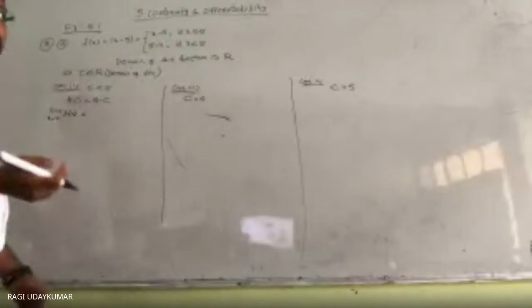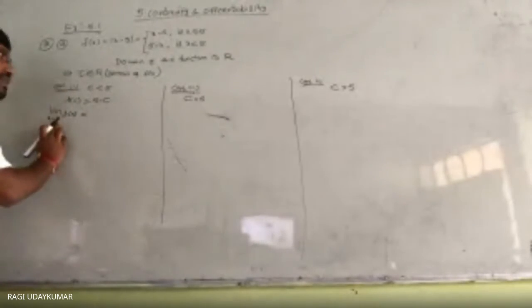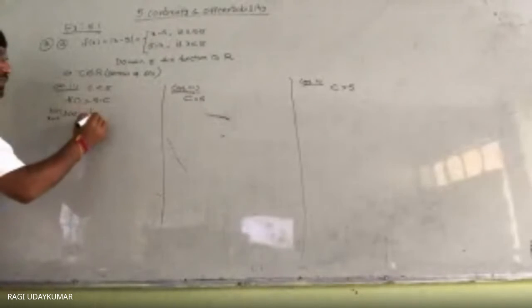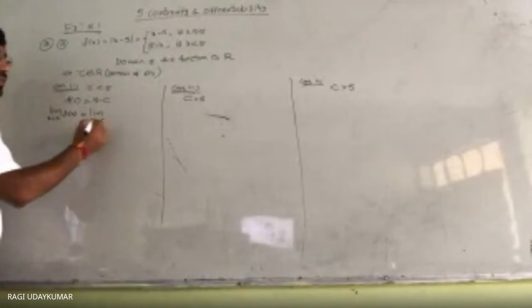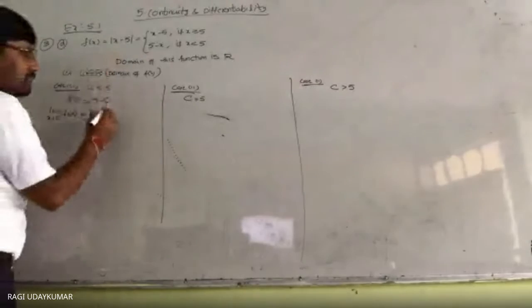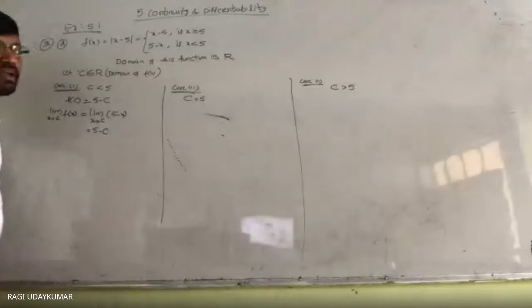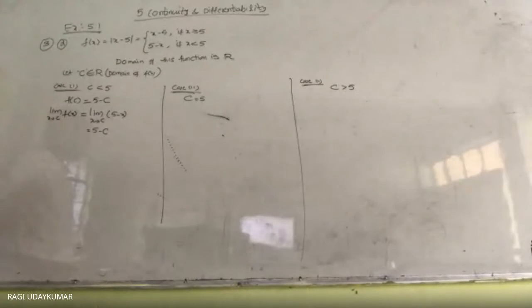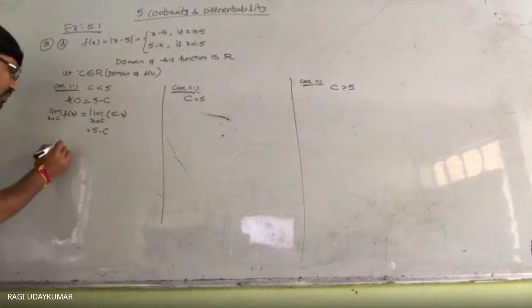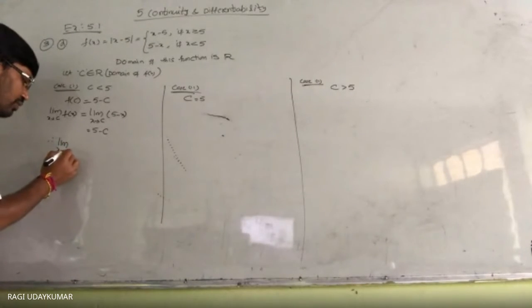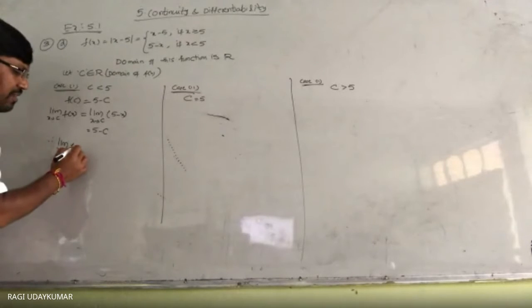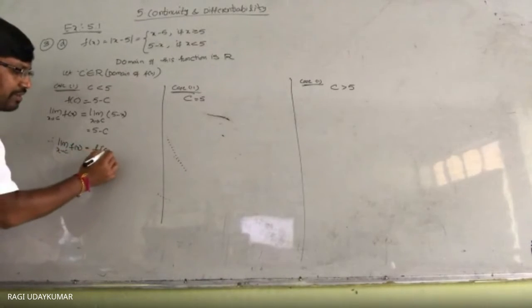Limit x tends to c of f of x, where c value is less than 5. Less than 5 means the function should be taken as 5 minus x. So when you take it as 5 minus x, automatically we will get 5 minus c. Did you understand here? Therefore, limit x tends to c of f of x is equal to f of c.